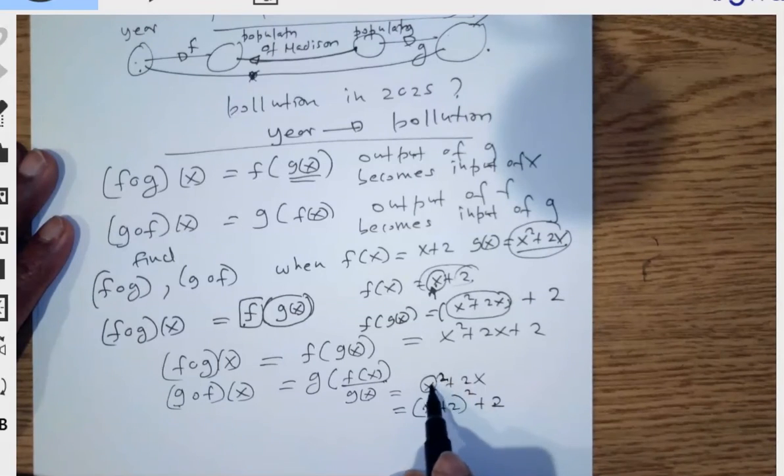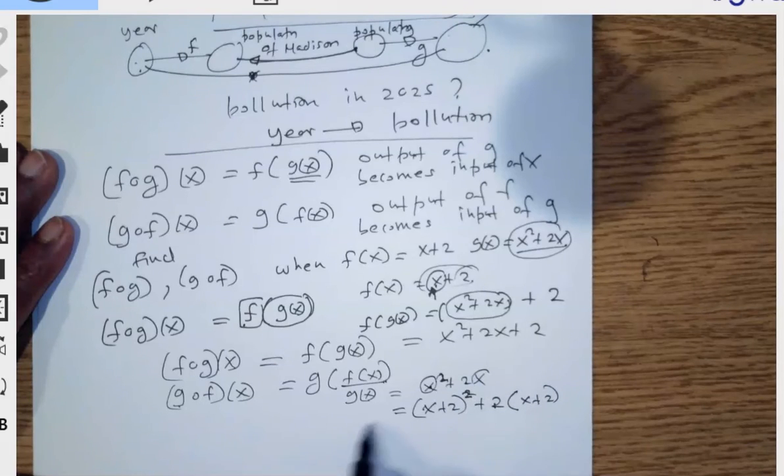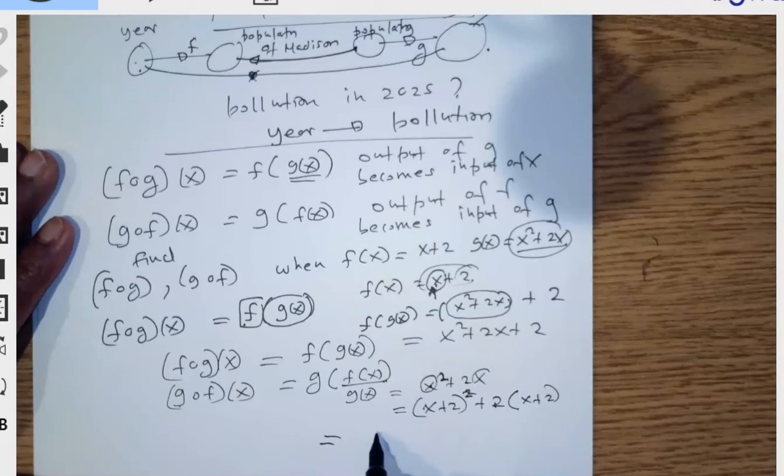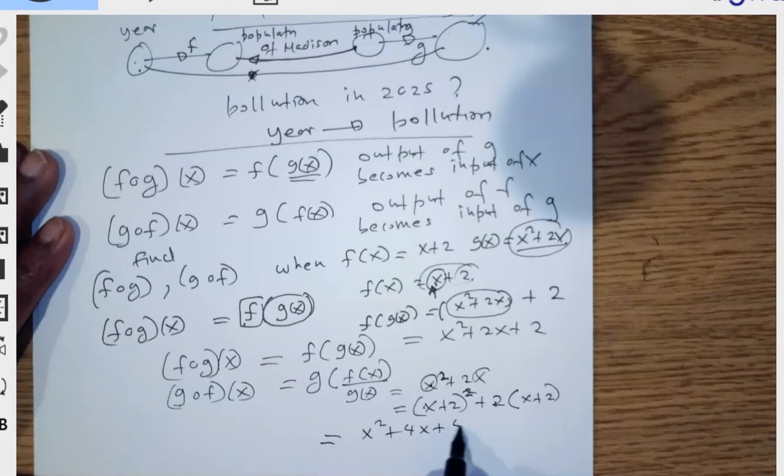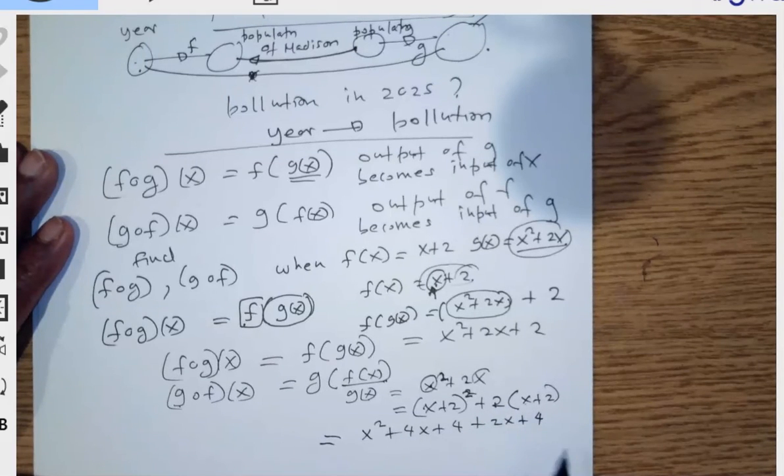So remember, you only replace x. The 2 in the exponent is still there. The 2 here is also still there. And you replace x once again by x plus 2. So if you expand this, you get x squared plus 4x plus 4, plus, when you distribute the 2, you get 2x plus 4.